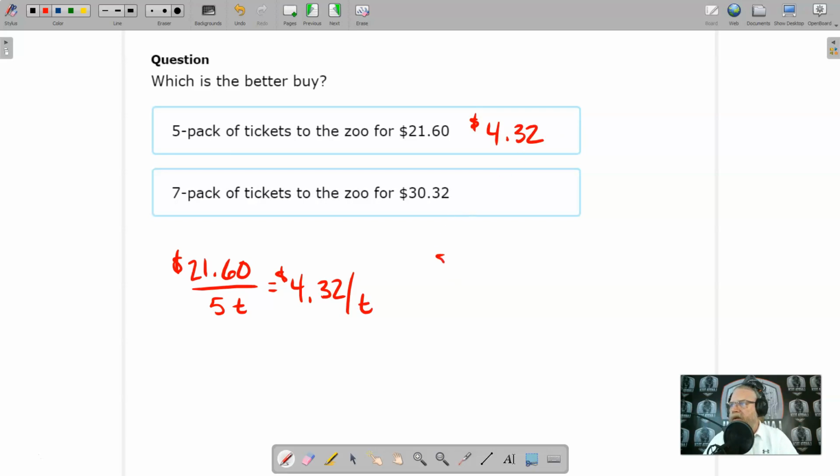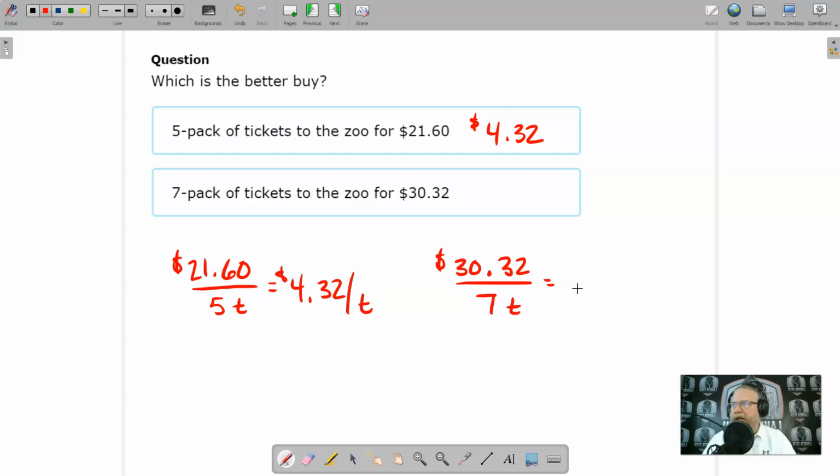And on the next one, let's work that one out. We get $30.32, and that's going to get us 7 tickets. So let's go ahead and divide 30.32. We'll divide that by the 7. Because remember, every fraction is a division problem.